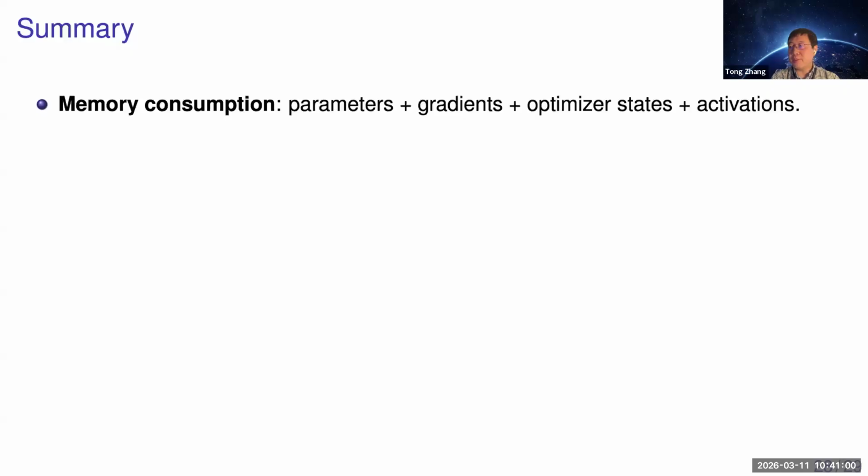I think in the summary, we just quickly go over what exactly we have talked about, right? First, we talked about memory consumption. The GPU memory is what matters in this resource efficiency. All the techniques we went through have to do with saving GPU memory and putting as much computation as possible on the GPU.